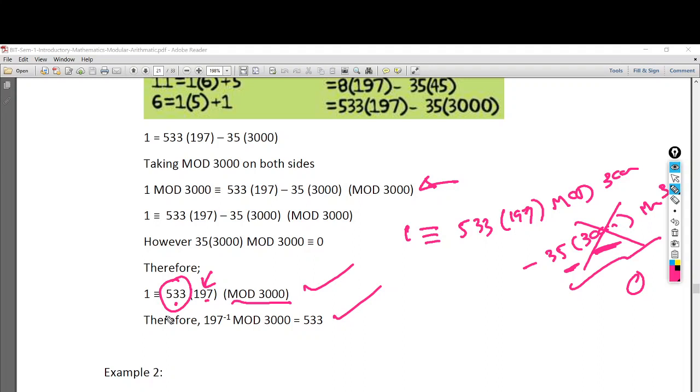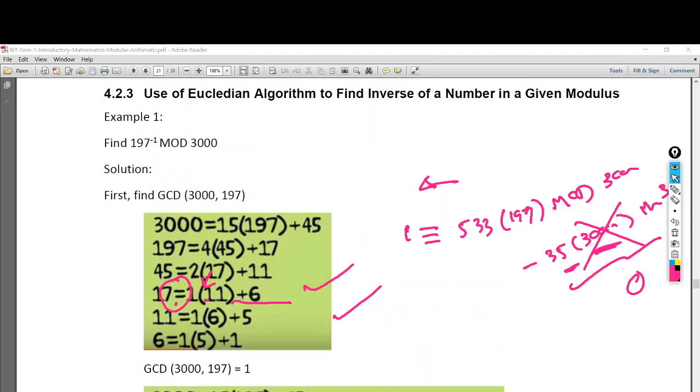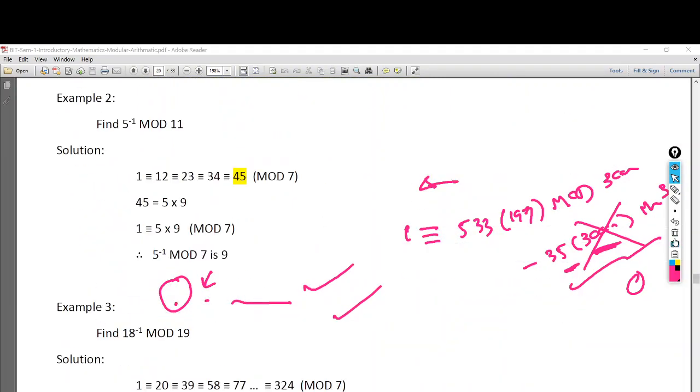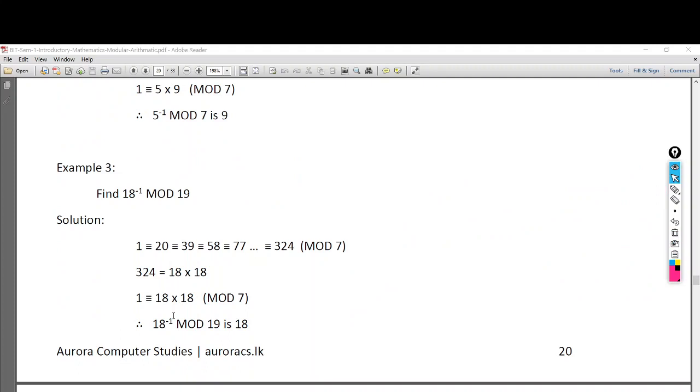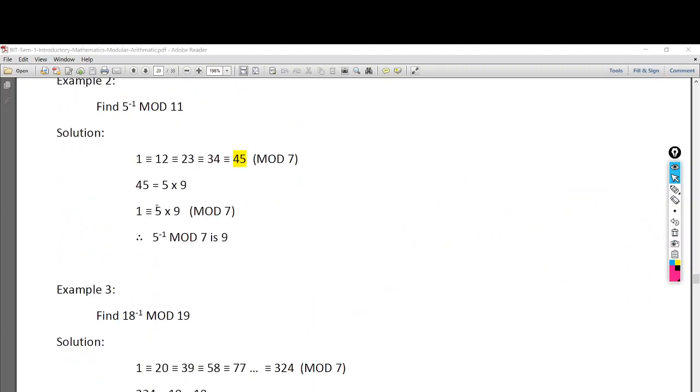Okay, now you can see why I explained to you the previous approach, right? That is also the same thing. Ultimately, if this is multiplied by this one, if I get 1, that is the inverse of this one. Of course, that approach can be done, but that approach is very long, so that is not going to work. If it is very big numbers, we have to guess the next one.